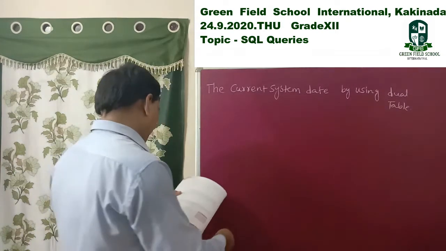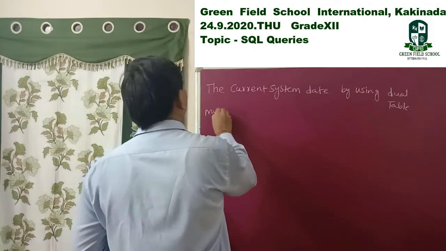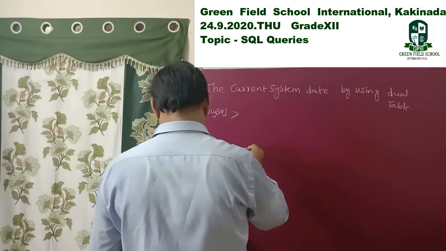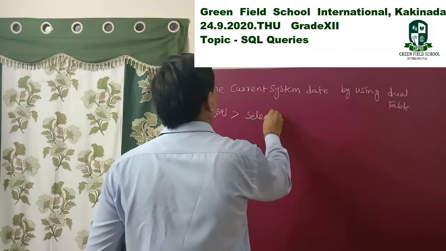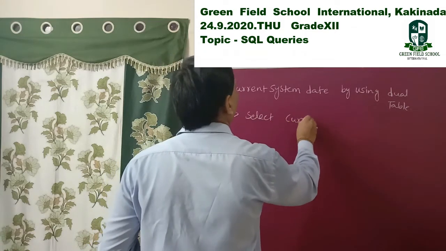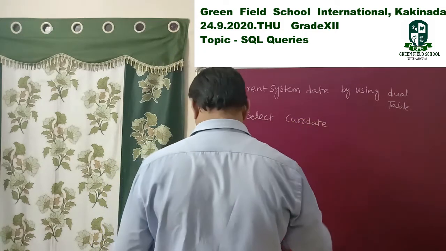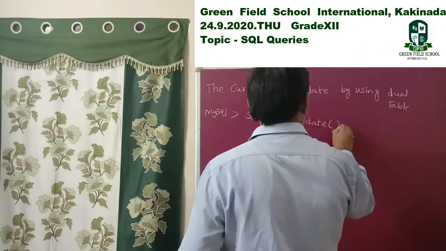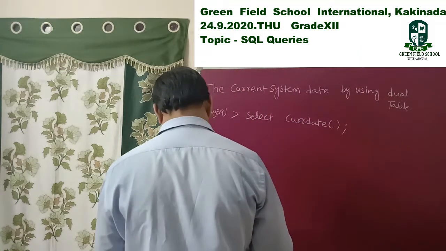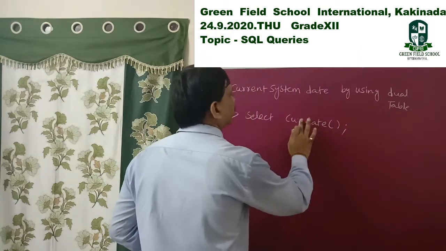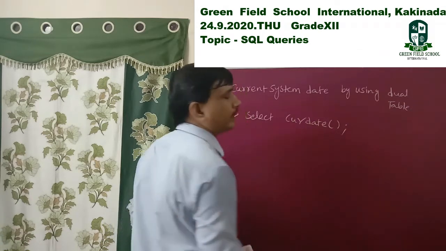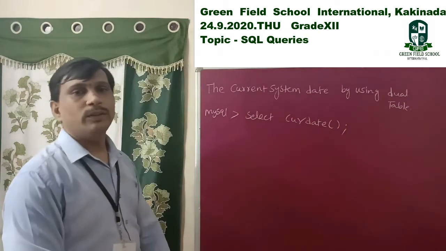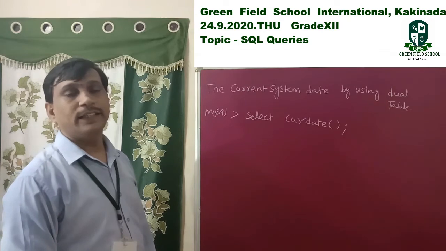Right here, next, MySQL. Okay, SELECT CURDATE. CURDATE is one function, a date and time function. In Oracle we write SYSDATE; that's why right here we specify it differently.